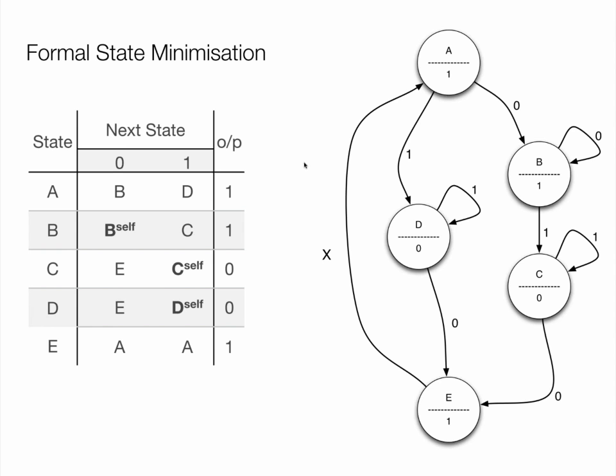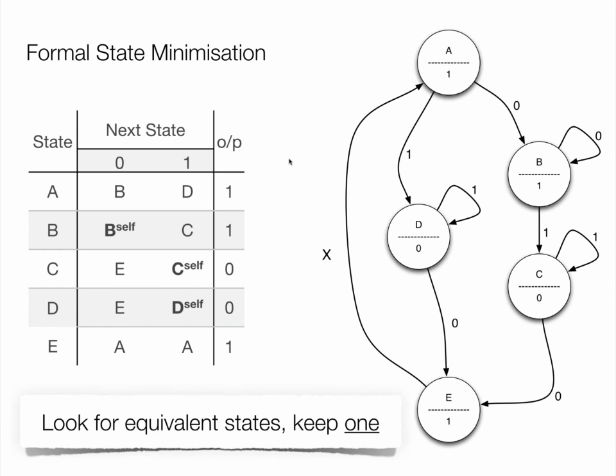Next up, look for equivalent states. It could be 2, they could be 3, it could be 4, all the same, and only keep one of them. So you can probably see, well, we know D and C look the same by inspection, and indeed you can see that here too.